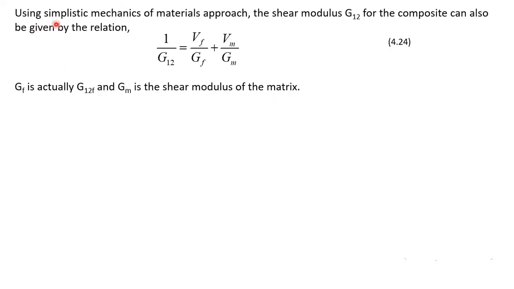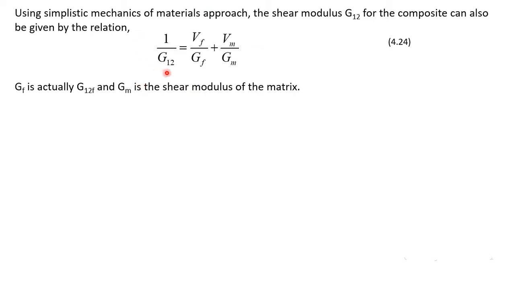Using a simplistic mechanics of materials approach, the shear modulus G12 for the composite can also be given by the relation. This shear modulus is actually on the plane perpendicular to the applied force, so this shear modulus is on the surface of each layer. This also can be given by a very similar relation to what we followed for the Young's modulus.